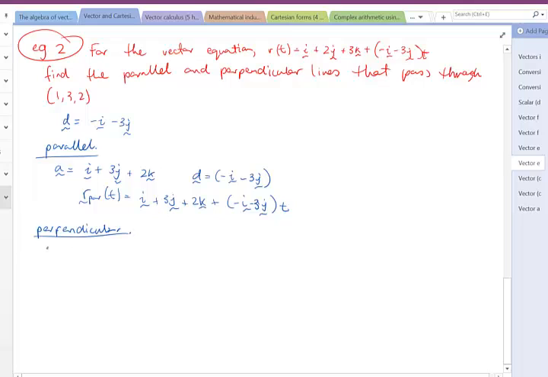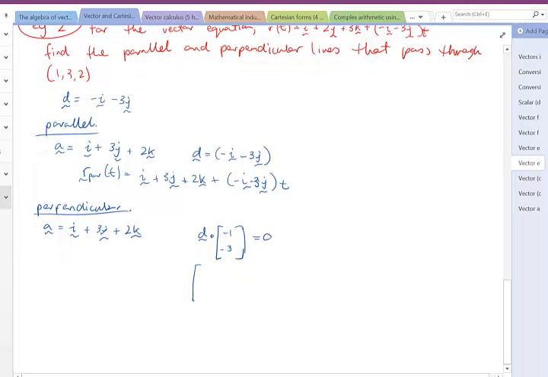Perpendicular, a will still be the same. To determine the value of d, we know that the dot product of the direction vector d and the current direction vector, which is -1, -3, must be equal to 0 if they're going to be perpendicular.